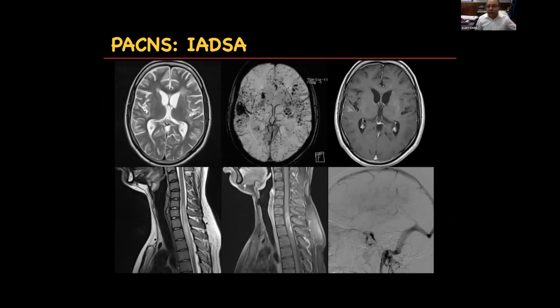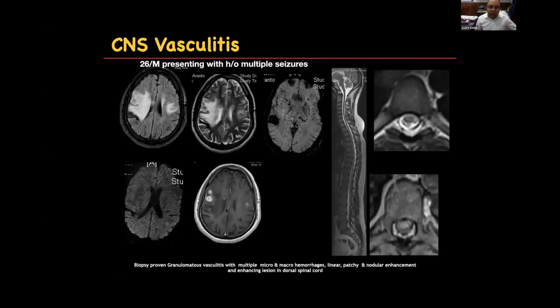If you do DSA in these cases, on the venous phase, most of the time we see there's a puddling of contrast. We call it pseudophlebitis pattern. The venous stretches, they are not sharp, they are not very well defined. And then you can have also macro hemorrhages. Micro plus there's a macro hemorrhage, and the nodular type of enhancement is also described in vasculitis.